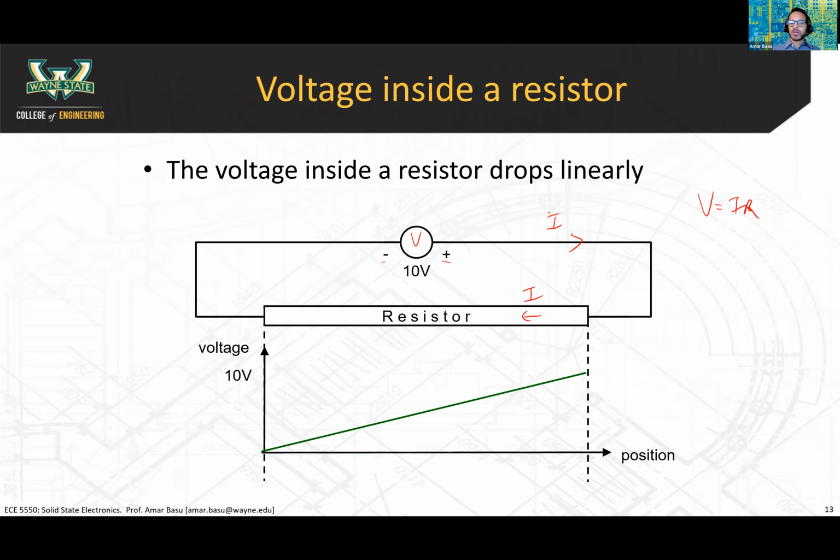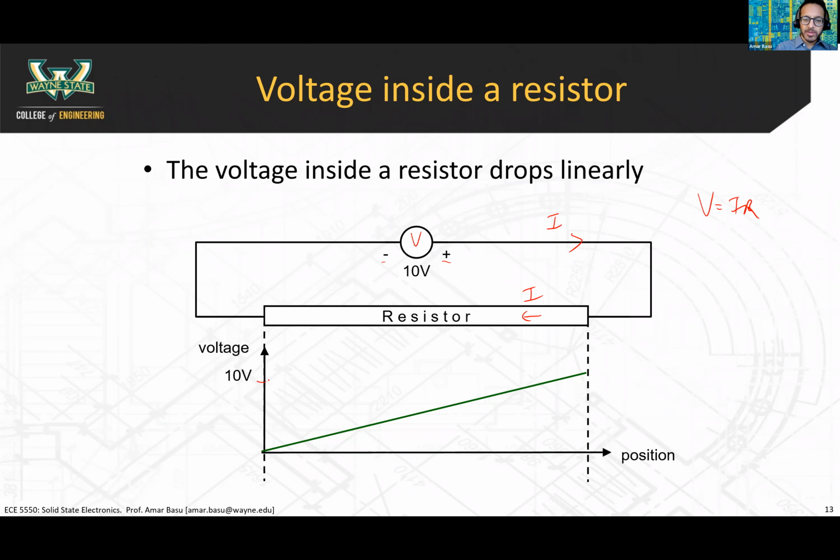That tells you the current I, the voltage drop across the entire resistor from left to right, and the resistance R. Now what you may not know about Ohm's law is that if the resistor has a constant cross section, then the voltage within the resistor will drop gradually as you go from the positive end to the negative end.